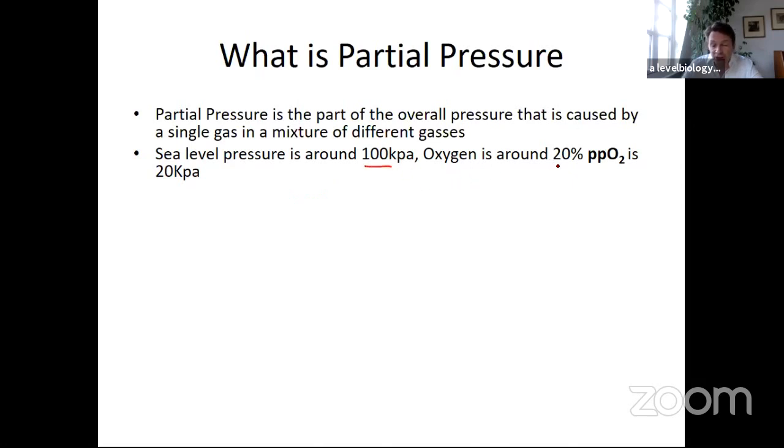Oxygen is around 20% of that 100 kilopascals. Therefore, the ppO2 is around 20 kilopascals. Now, in the lungs, the oxygen is about 13% in the alveoli. Therefore, it's about 12 kilopascals partial pressure in the alveoli, which is where the gas exchange occurs.